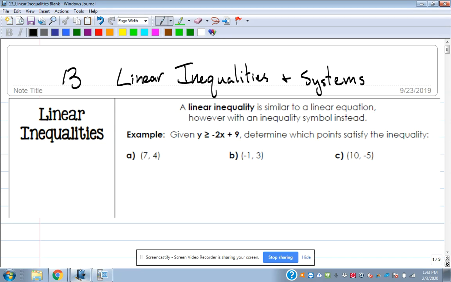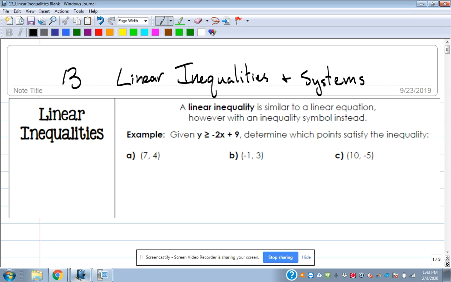It has to be true, right? If it's an equation, you put the x and the y in there, and it works out to be the same number on both sides. With an inequality, you put the ordered pair in there, and it works out to be a true statement. It may not be the same number on each side, but the inequality symbol allows it to be a true or a false statement.